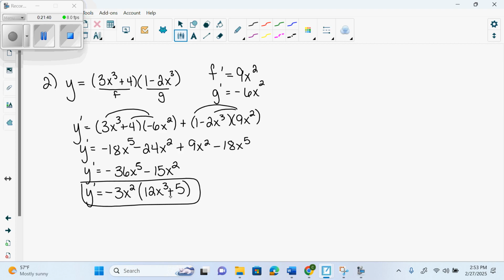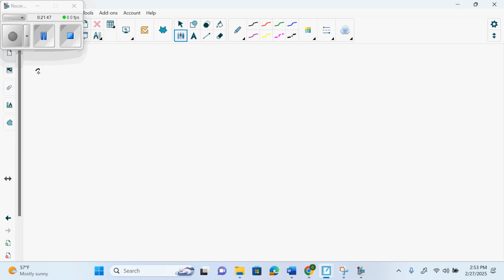Okay, we're trying this one. Three. G of x equals x minus x squared, and then 2x minus x to the 4/3. Go.